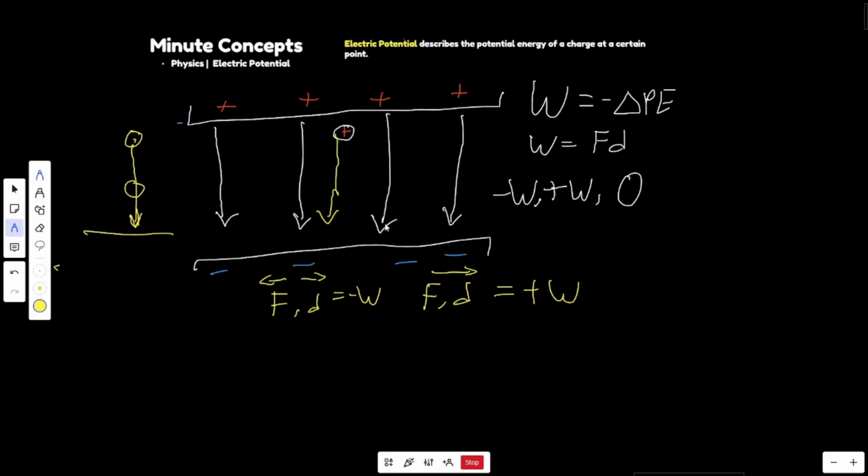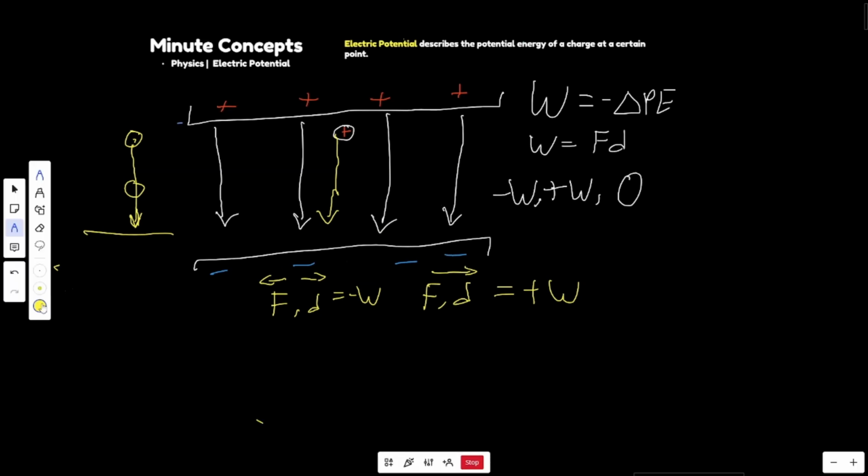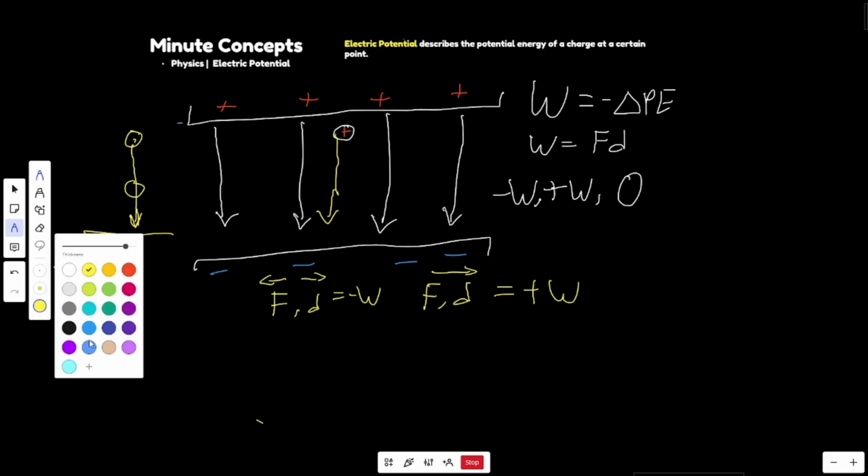It wants to go down even more. And that's exactly what we're trying to describe. So the higher or the farther away a charge is from where it's supposed to be, that is higher electric potential energy.